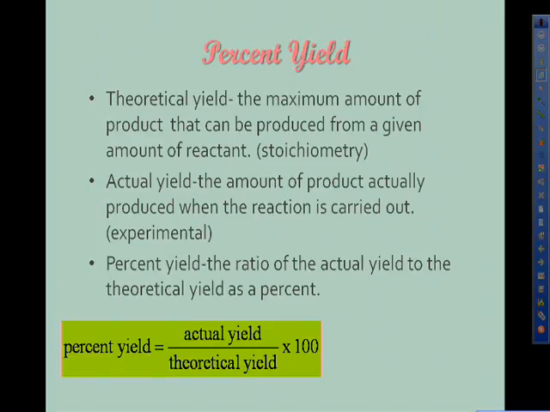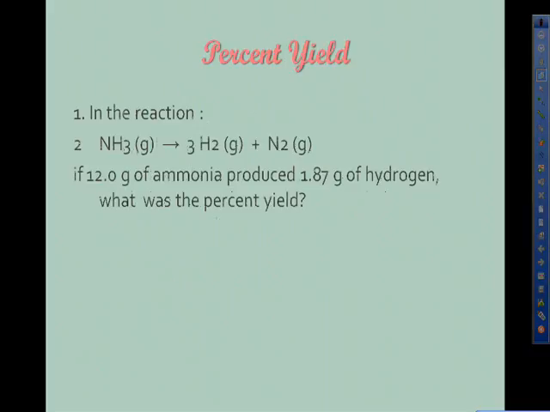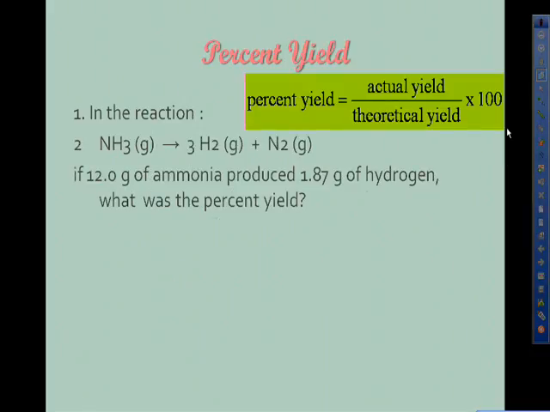It's just that we'll take this extra step and calculate the percent yield. Usually they will give you the actual yield, the amount that a student obtained in lab, and you'll have to find the theoretical yield yourself and then compare that ratio to find the percent yield. Let's take a look at this first problem.